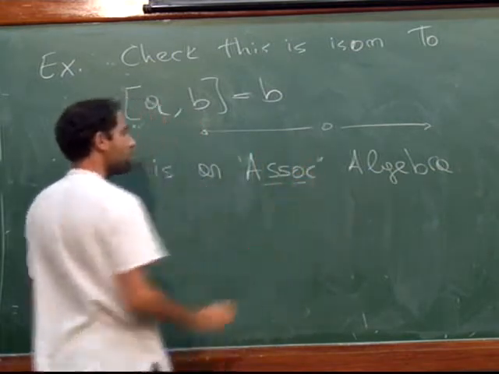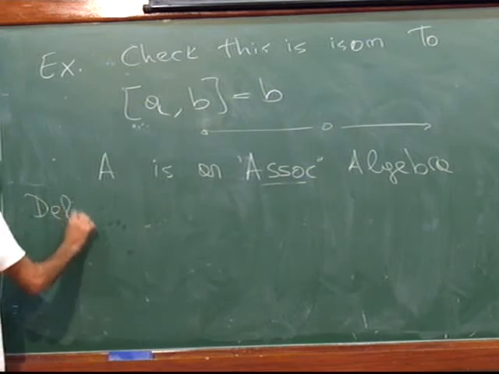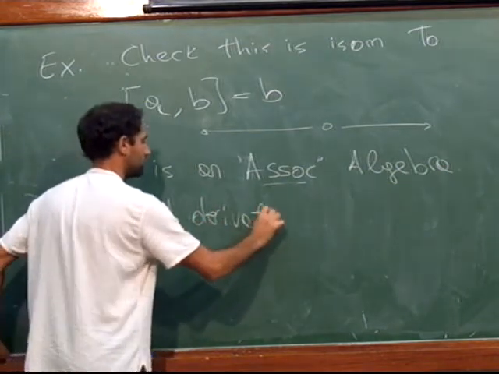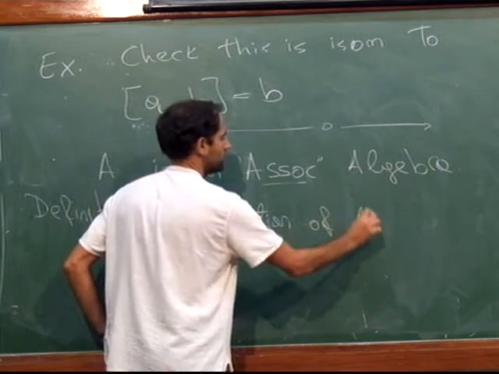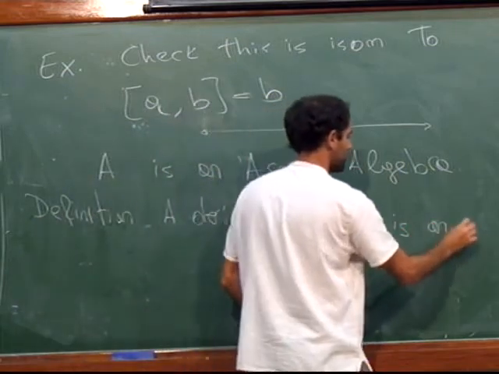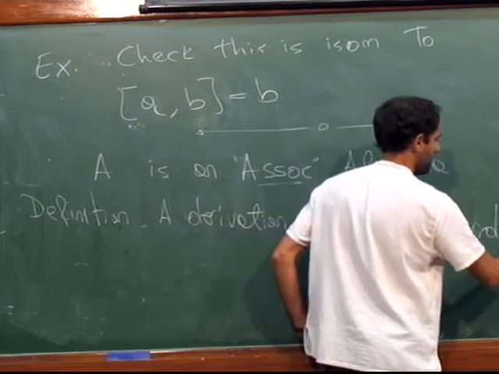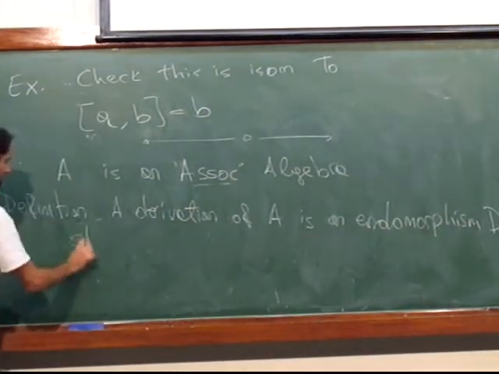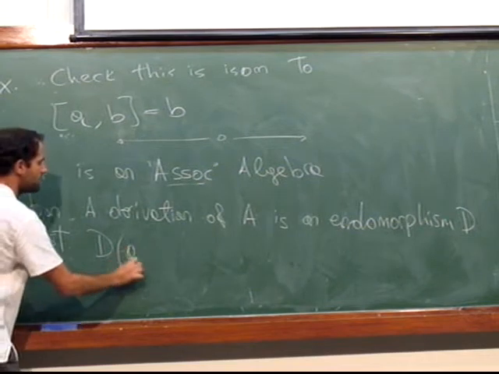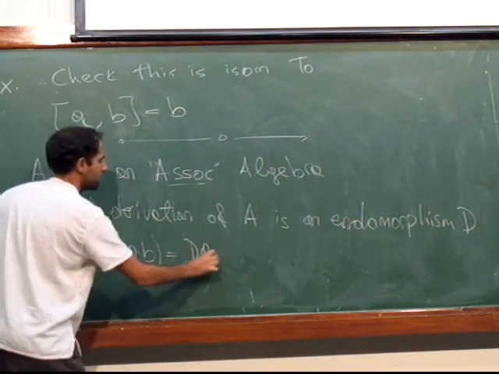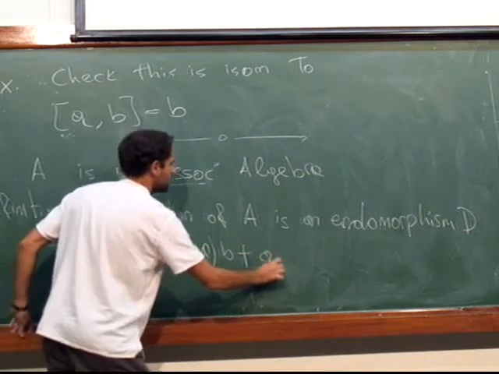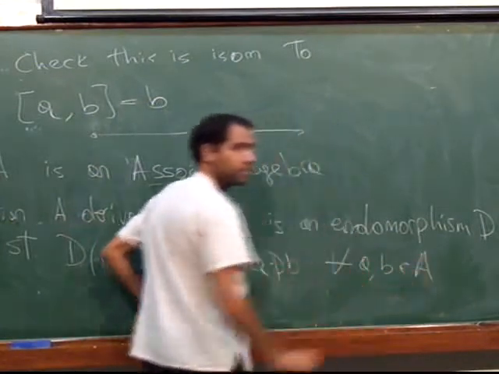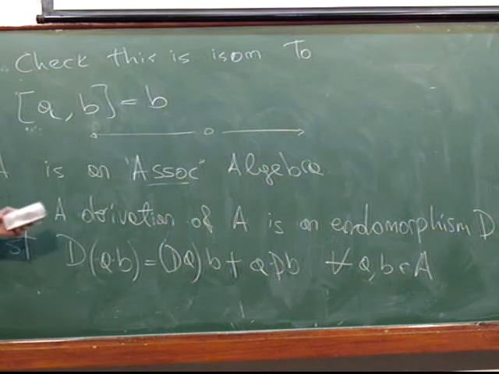But a definition: a derivation of A is an endomorphism D such that D of AB is equal to DA times B plus A times DB, for every A and B in the algebra. You don't need this to be actually associative. This is the definition for any algebra.